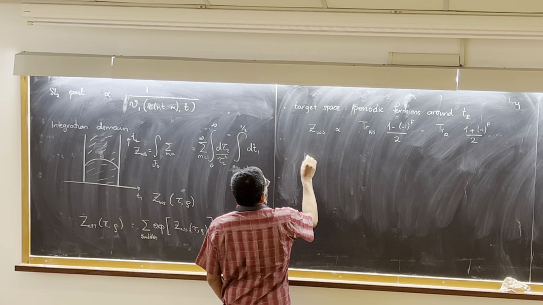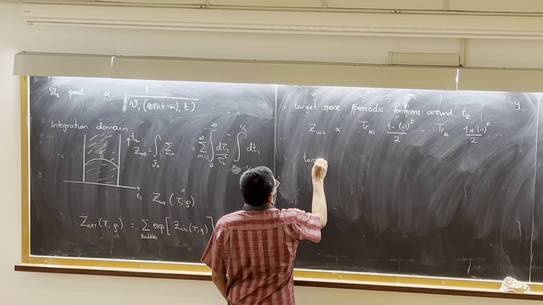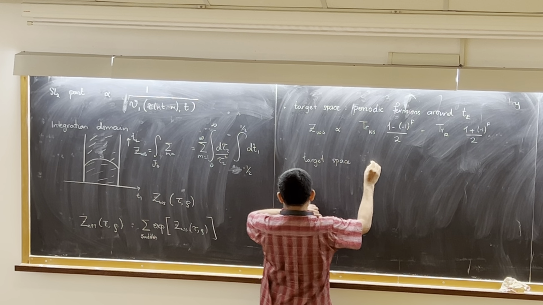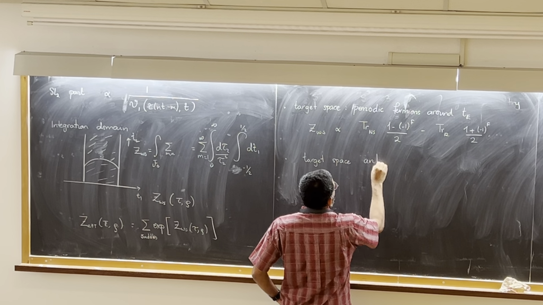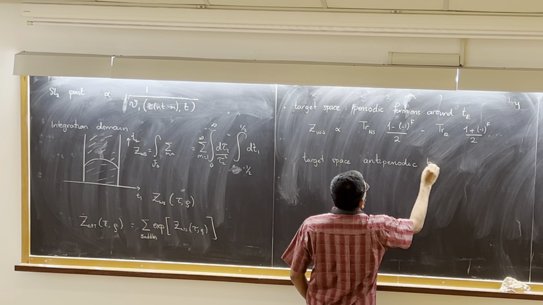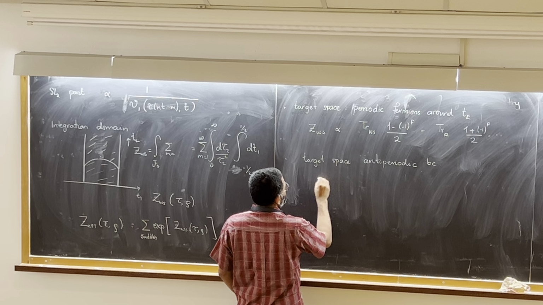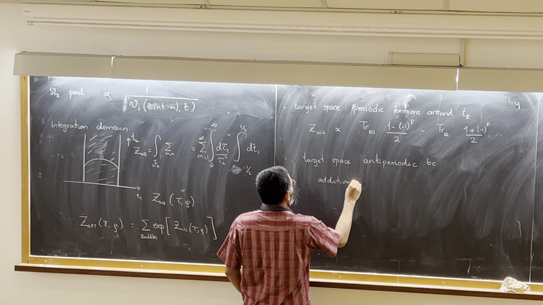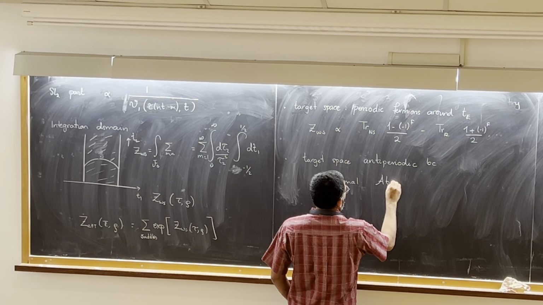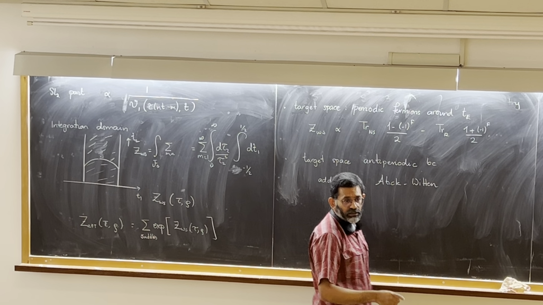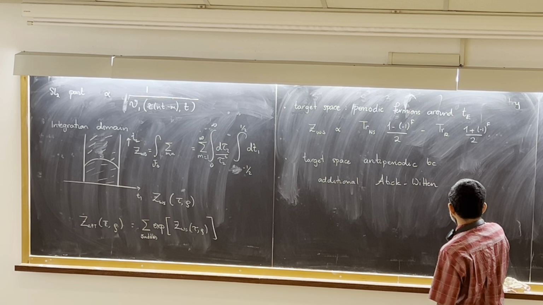If I have target space anti-periodic boundary conditions, then this has additional phases which go by the name of the Atick-Witten phases to account for the thermal period of these circles.